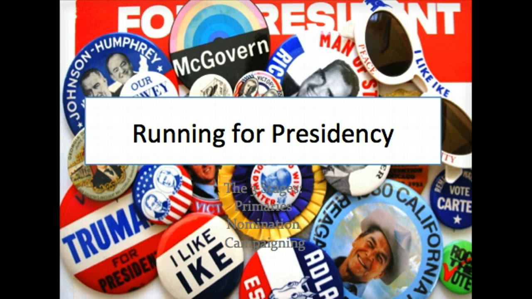So it could be born in the continental United States, Alaska, Hawaii, or like on a naval base in a different country. And you have to be at least 35 years old, and you have to be a resident of the United States for at least 14 consecutive years. Okay, so who can run?